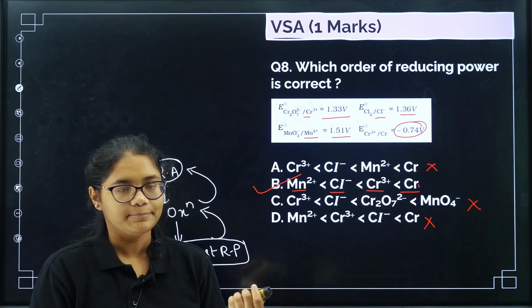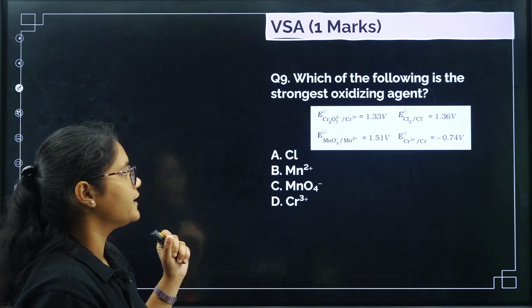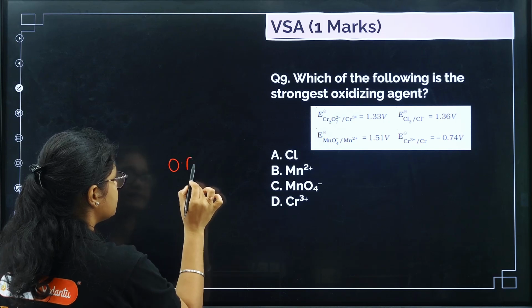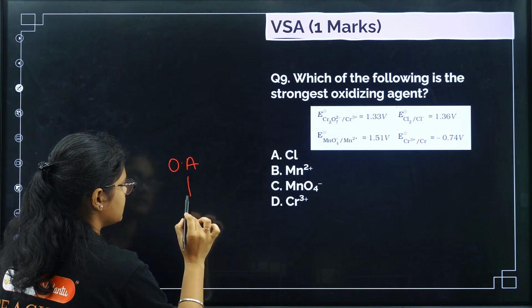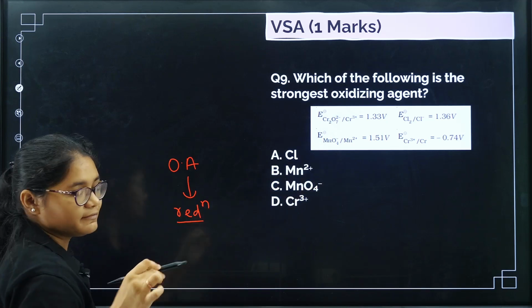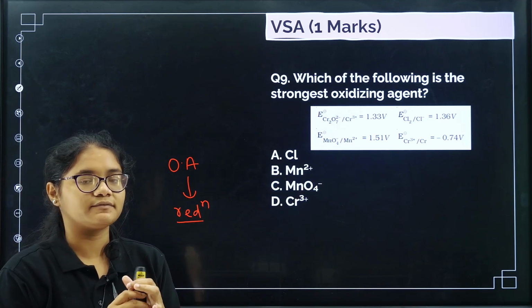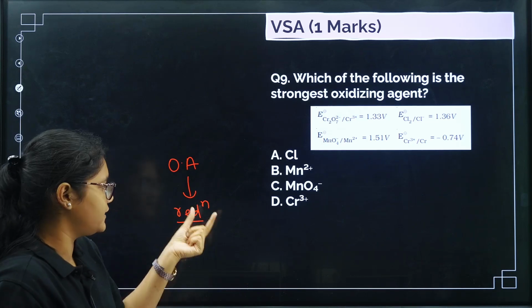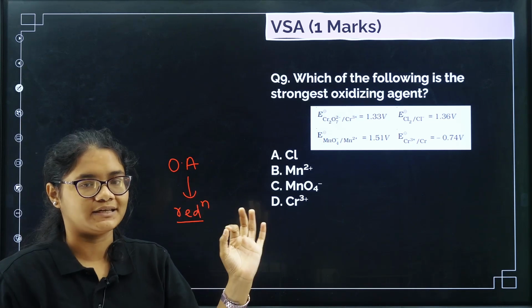Then next, again, strongest oxidizing agent. If it is an oxidizing agent, it will oxidize others, so it will undergo reduction. For reduction the values are given directly. Whosever reduction potential is highest will undergo reduction very easily and behave as a strong oxidizing agent.